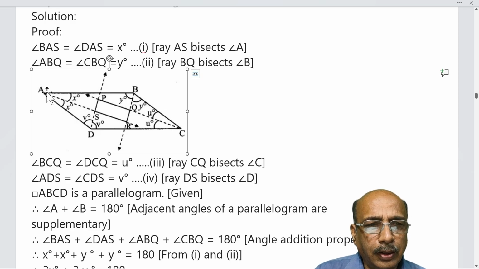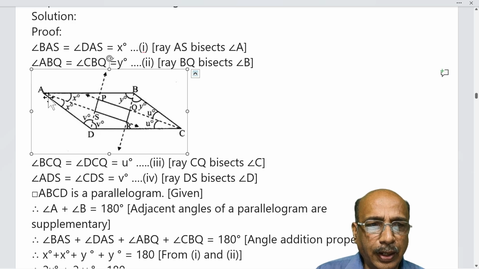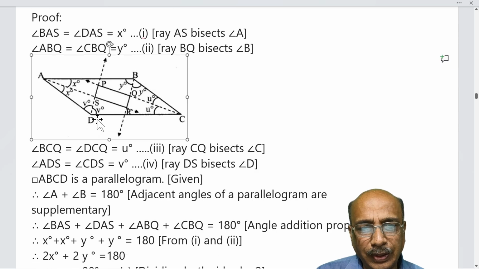Angle ABQ and angle CBQ equal y degrees, as BQ is the angle bisector. Angle BCQ and angle DCQ equal u degrees, as CQ is the angle bisector. Similarly, angle ADS and angle CDS equal v degrees, as DS is the angle bisector.